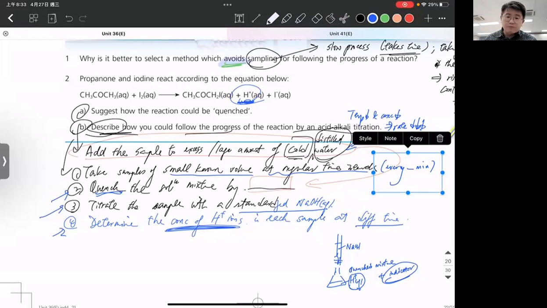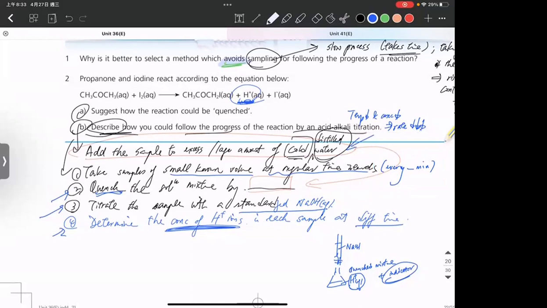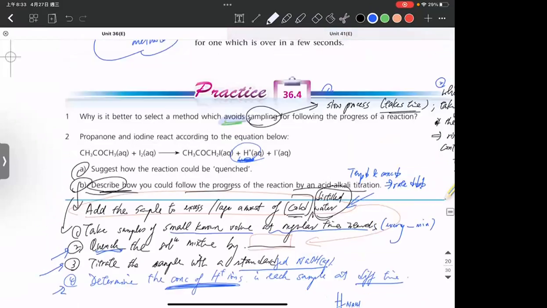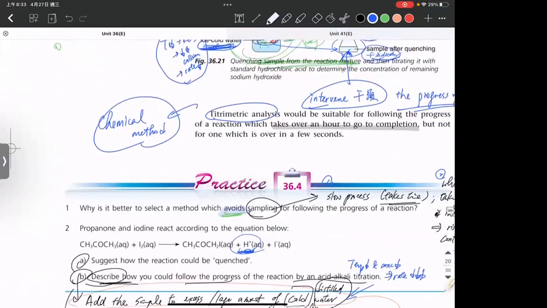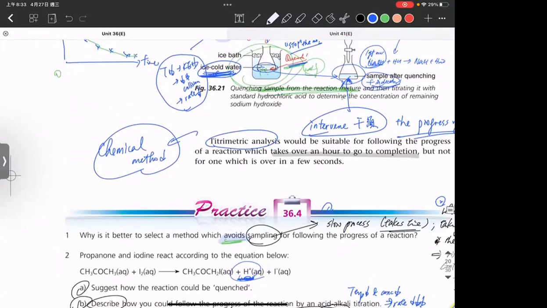We are going to do some comparison first of all. How can it be done? First of all, I would like you to find out the advantages and disadvantages of having this titrimetric analysis to follow the progress of the reaction.